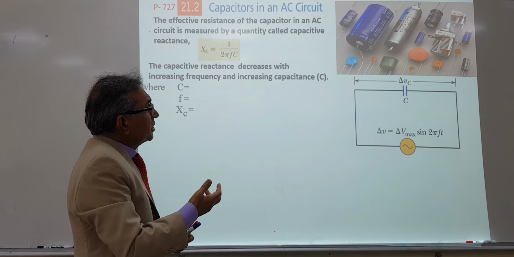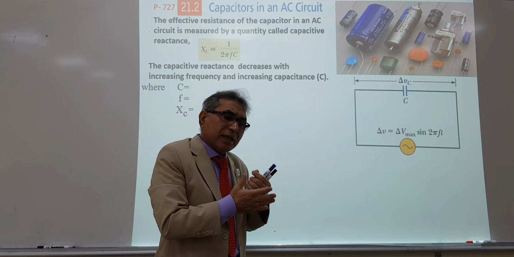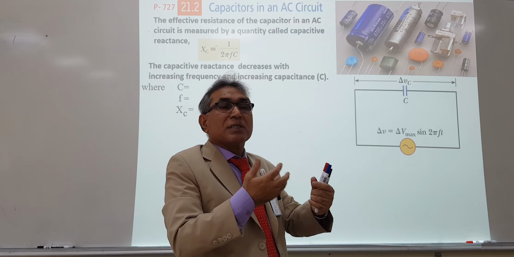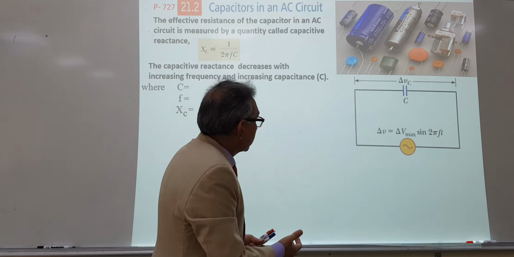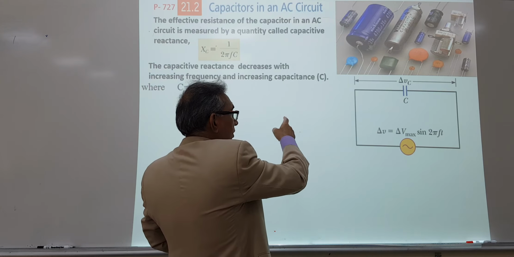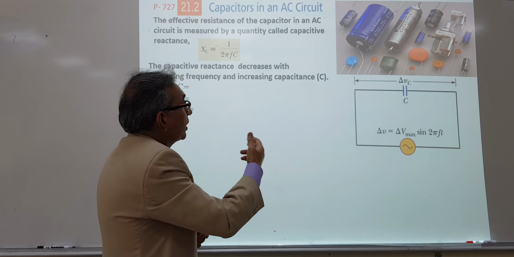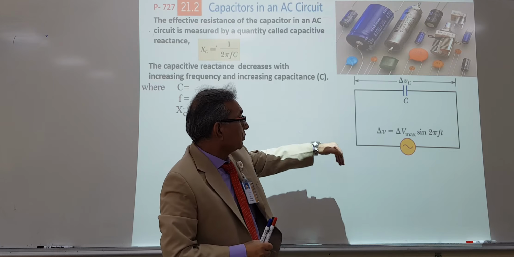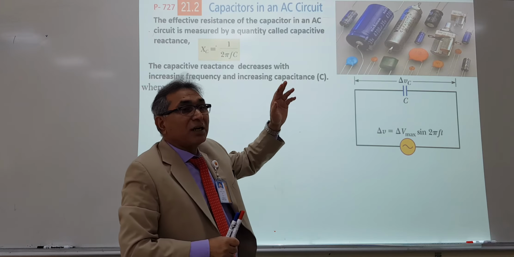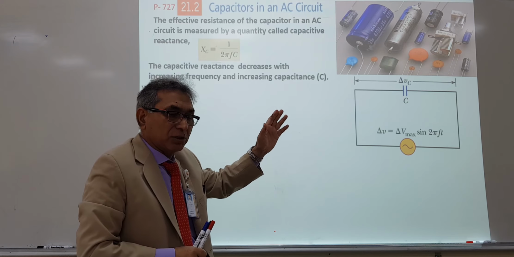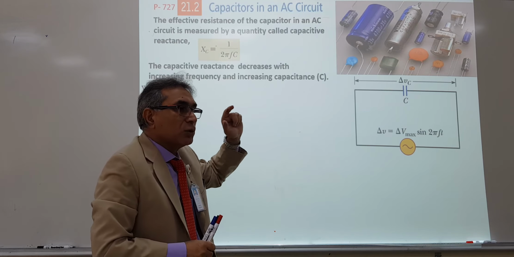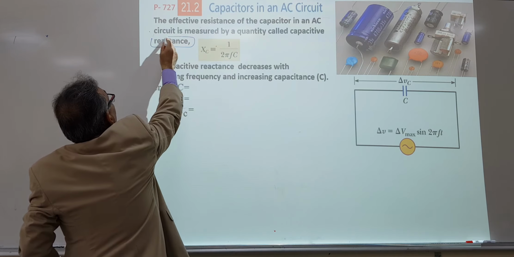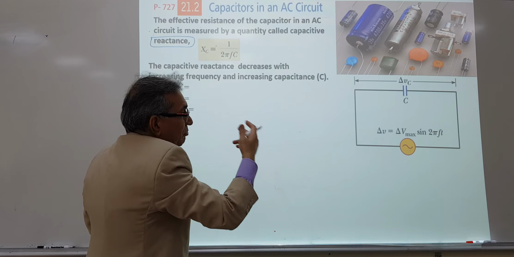Every electrical and electronic component offers some resistance in the circuit. The capacitor will do the same, it will offer some resistance to the current flow. But since its behavior is different from the ordinary resistor, we cannot call it a resistor. It will be a sort of resistance with the same unit, ohm, but we give it a different name: reactance. Why? Because its behavior is different from an ordinary resistor.